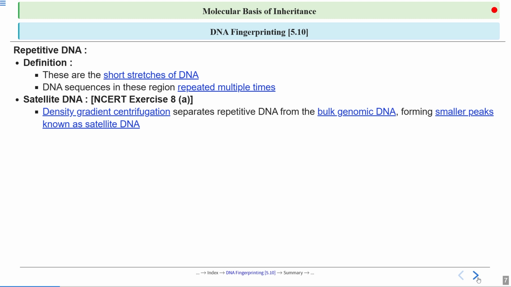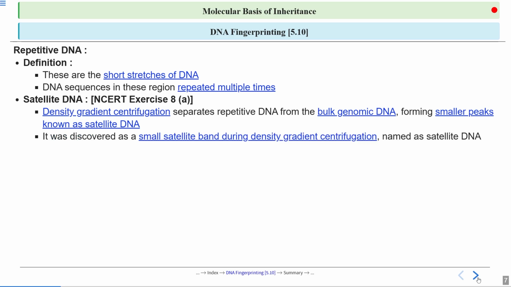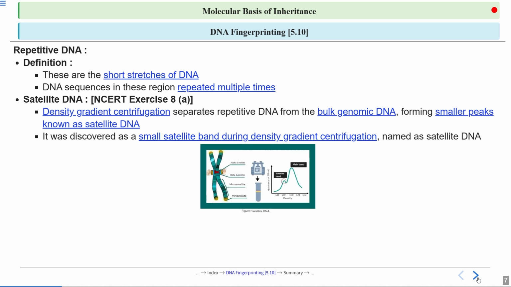It separates repeated DNA from the bulk genomic DNA, forming smaller peaks known as satellite DNA.